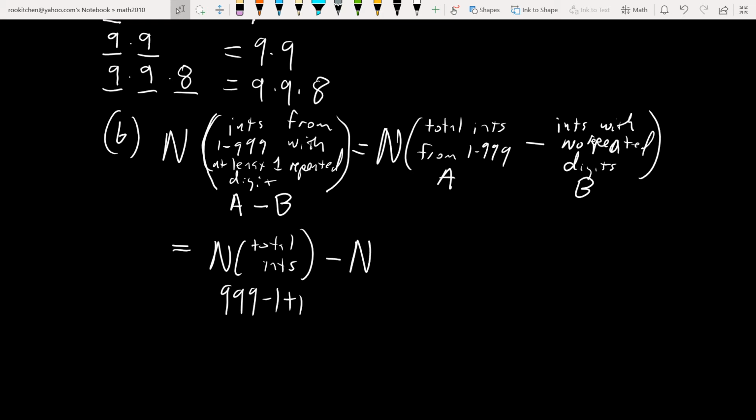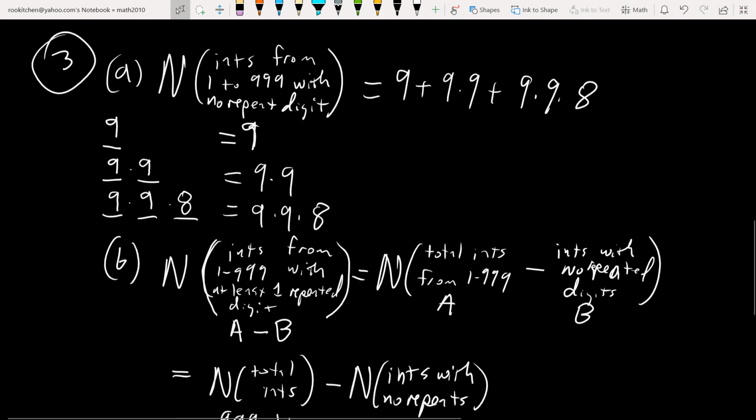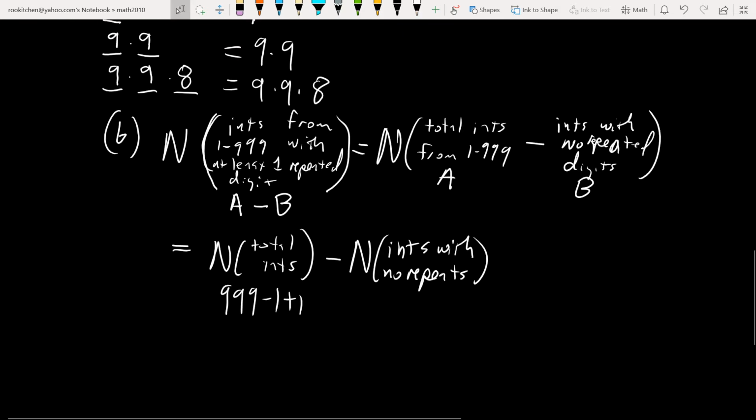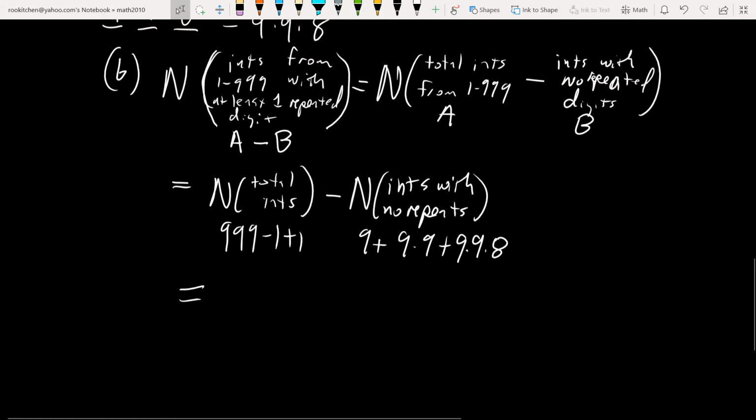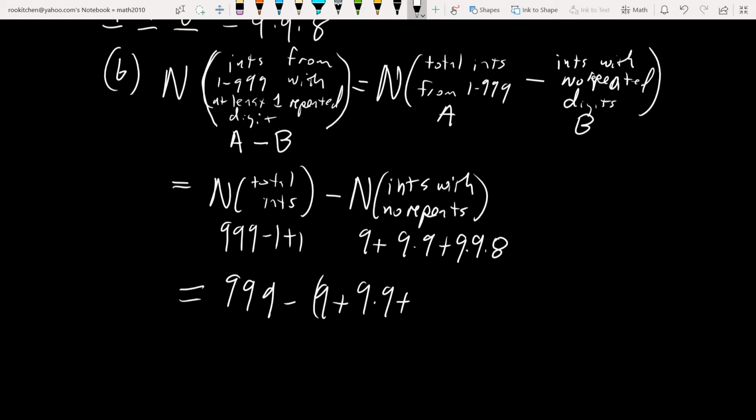The second set, integers with no repeated digits, is just the set from part A, which is 9 plus 9 times 9 plus 9 times 9 times 8. So using the addition rule, now we can figure out that number, and it will be 999 minus 9 plus 9 times 9 plus 9 times 9 times 8.